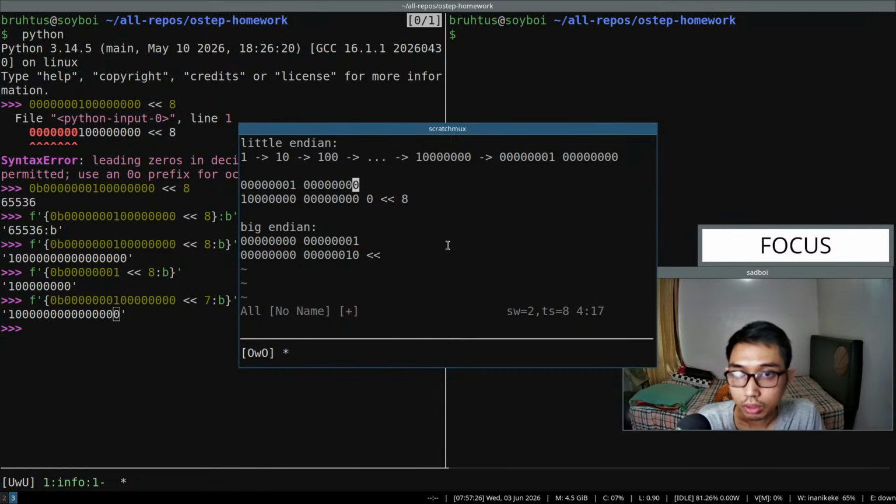Alright, so this one jumps to the next byte, I guess. Okay, wait. So every time we shift, we might move the bit into another byte.